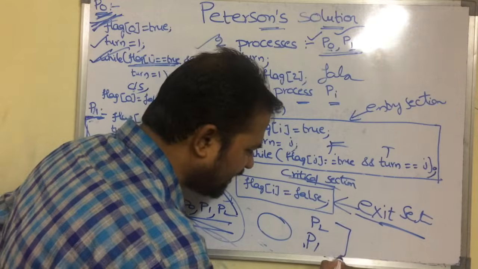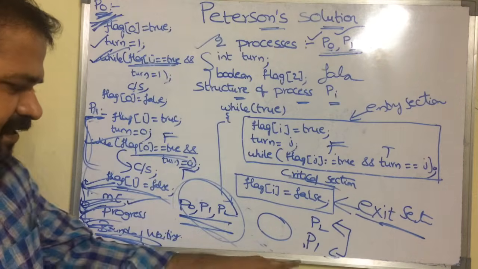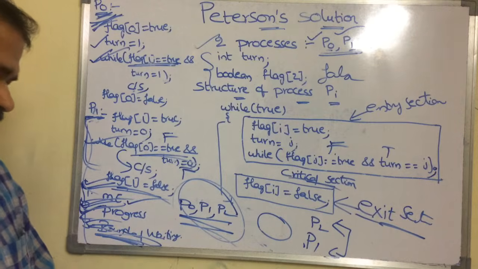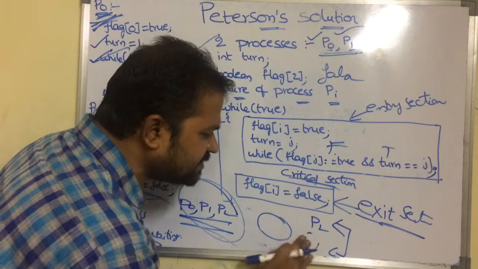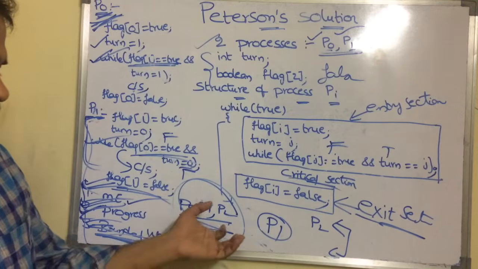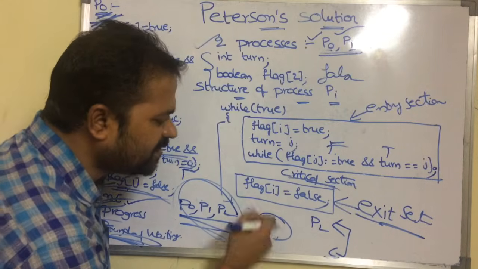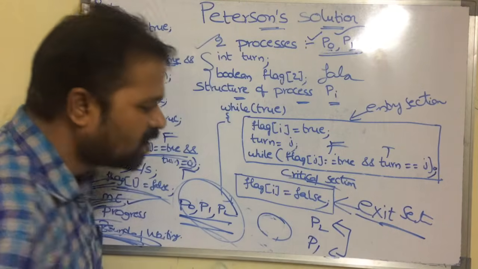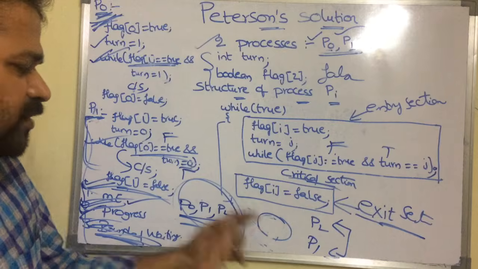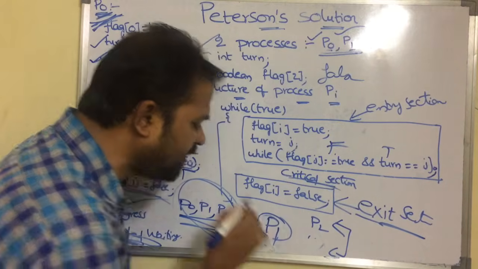So now there is a contention between P1 and P2. Which process needs to enter into the critical section? Let us assume that the operating system gives a chance for P1 one more time. So P1 completes all its operations and comes out from the critical section. One more time P1 puts a request, and one more time the operating system gives a chance for P1.